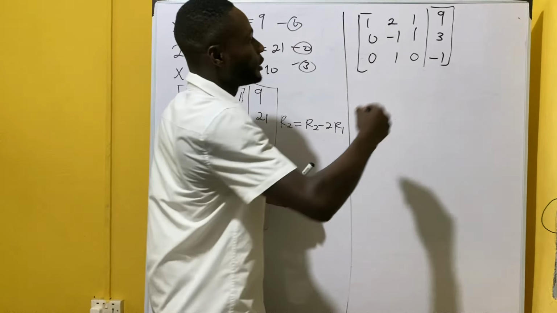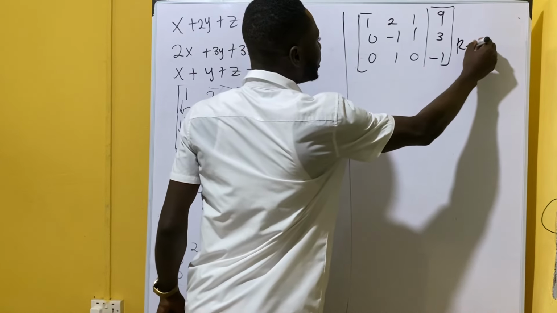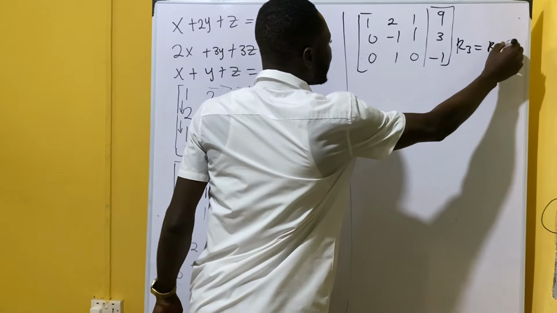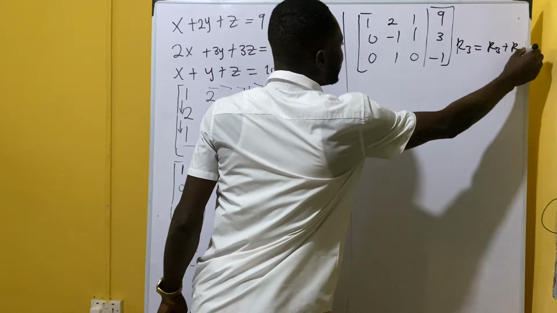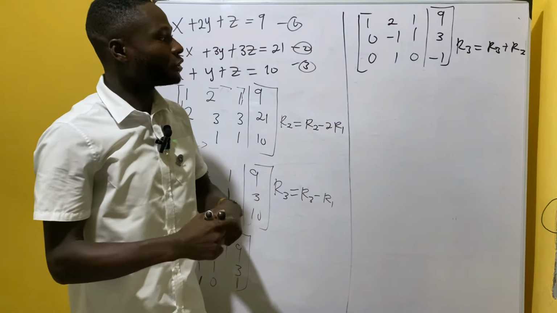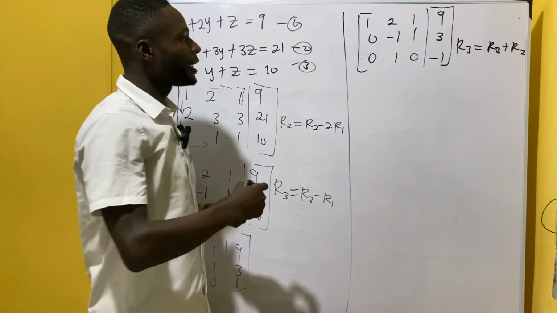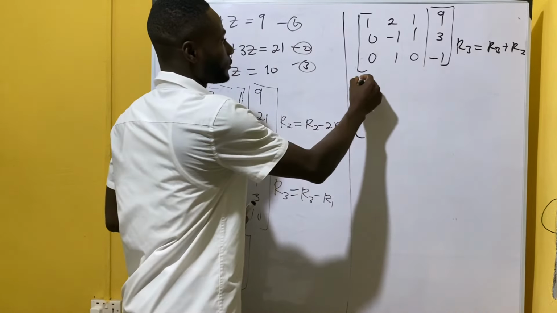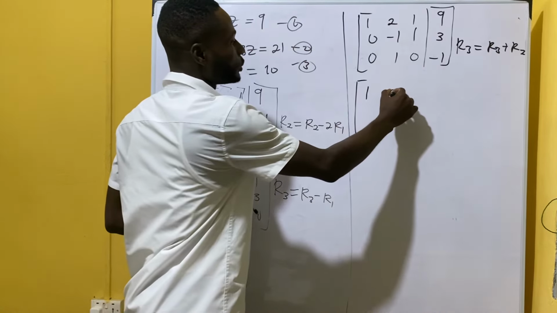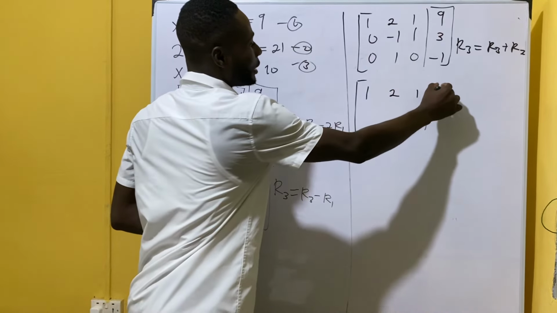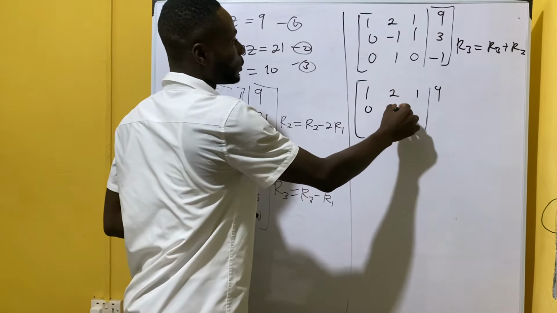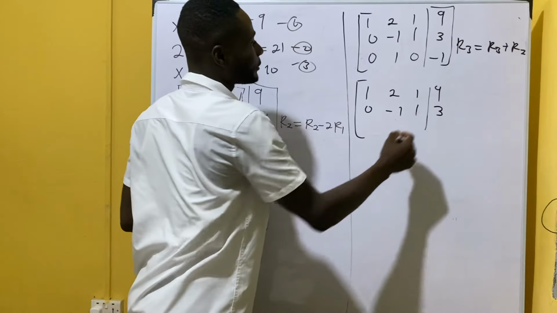So we say that row 3 should be equal to row 3 plus row 2, right? Because you know that when you add this and this, you are going to get 0. So we have 1, 2, 1, 9, 0, neg 1, 1, 3.